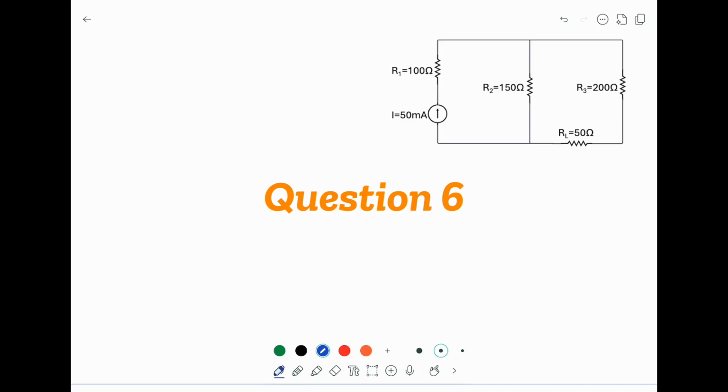In this question, we want to find the Thevenin equivalent circuit for RL. First, we want to find the Thevenin resistance. Now, I'm going to remove the source. In this case, we have a current source. The rule for removing the current source is just leave the current source open.